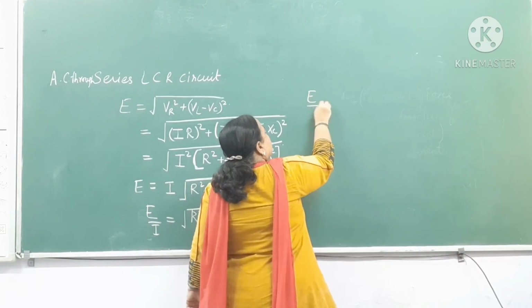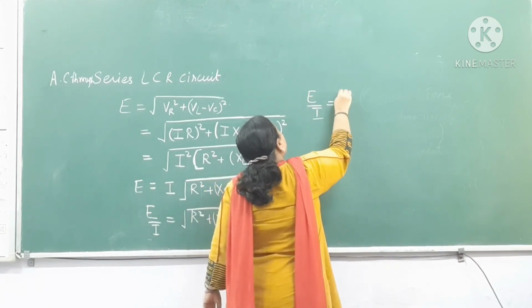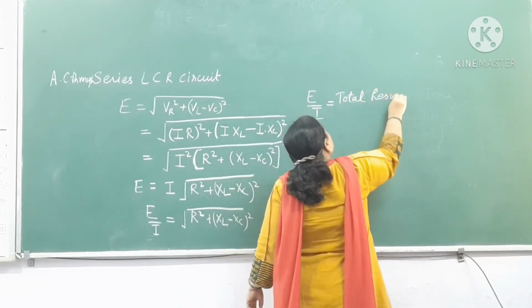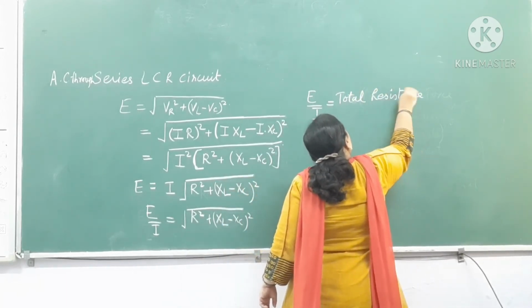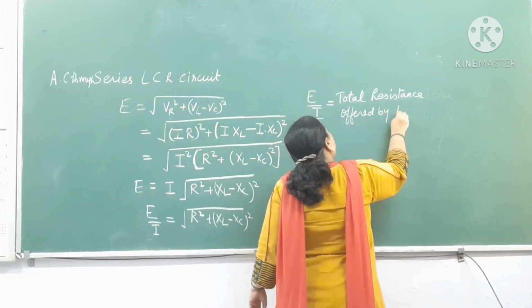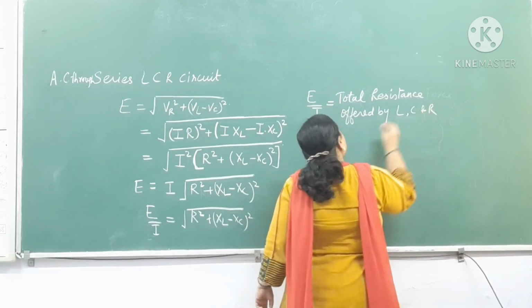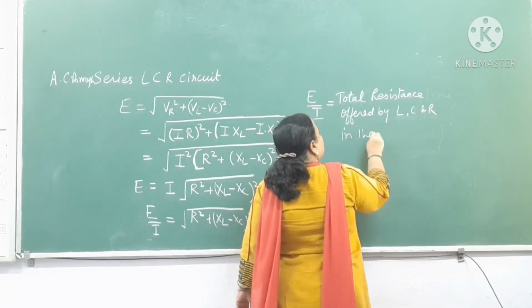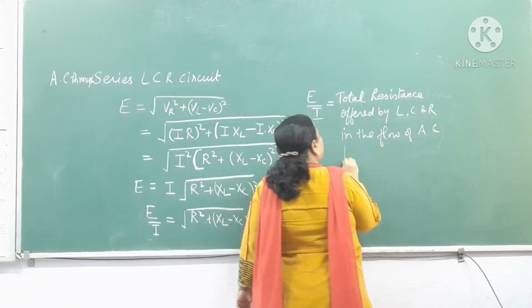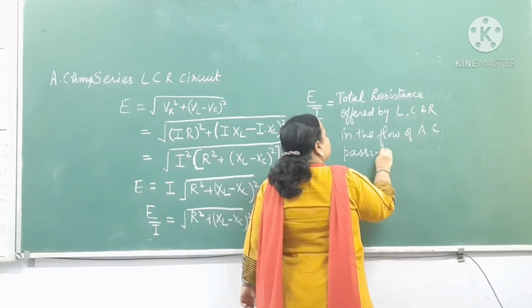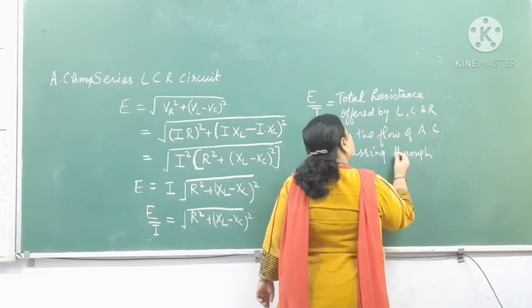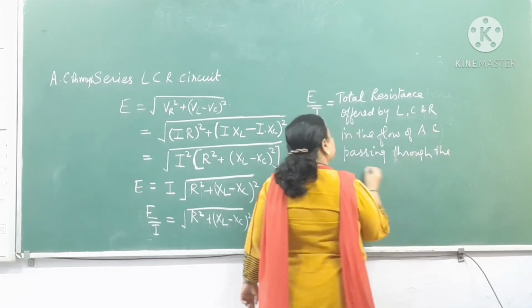E by I, this is equal to the total resistance offered by L, C and R in the flow of AC passing through the circuit.